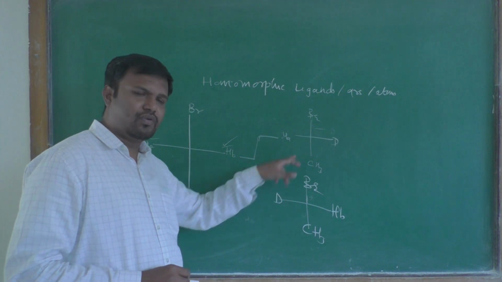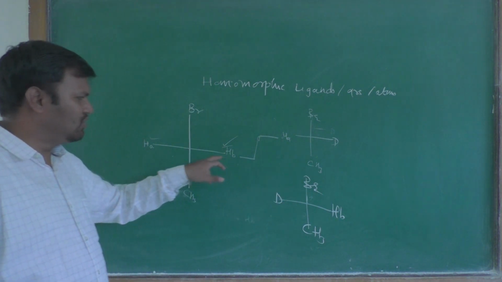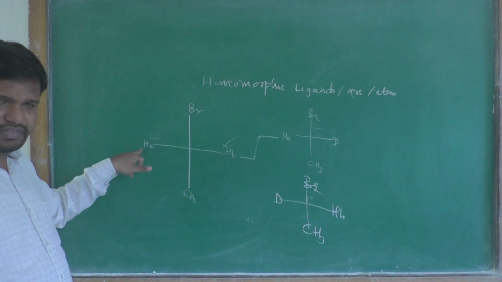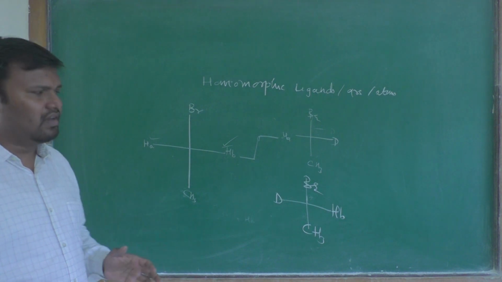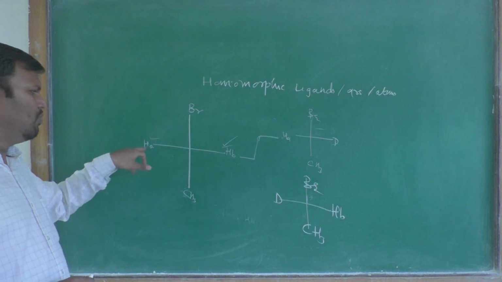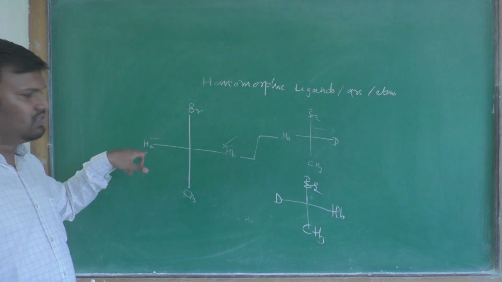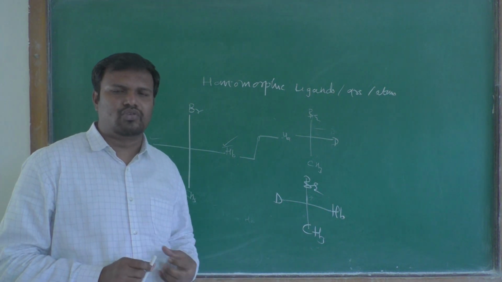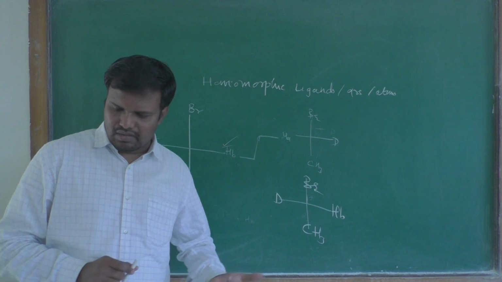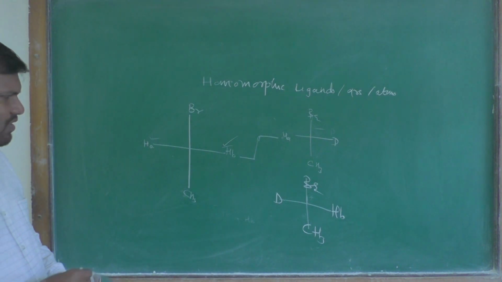Therefore, these two compounds are enantiomers. By replacing Ha or Hb, two compounds are obtained, and if these two compounds are enantiomers, then these homomorphic protons are nothing but the enantiotopic ligands or atoms. Like that way.